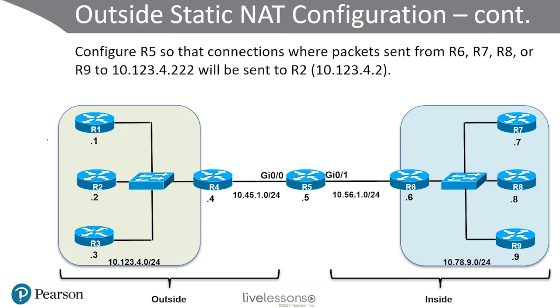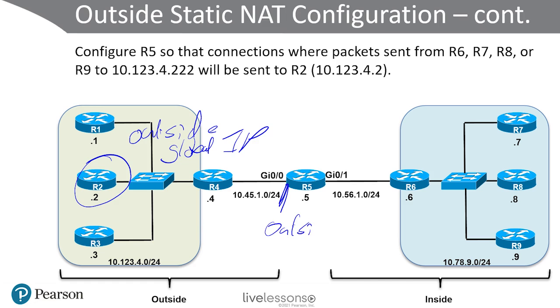And to help visualize this process, what we've actually done is on R2 is the outside global IP address. And then what we've done is we've actually made that look like the outside local IP address on R5.